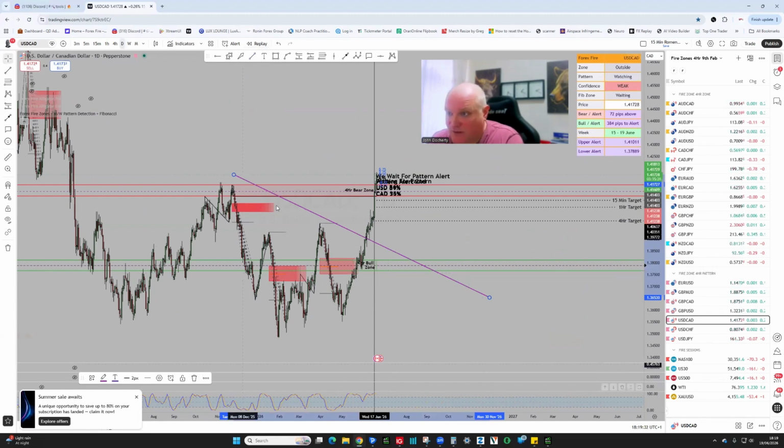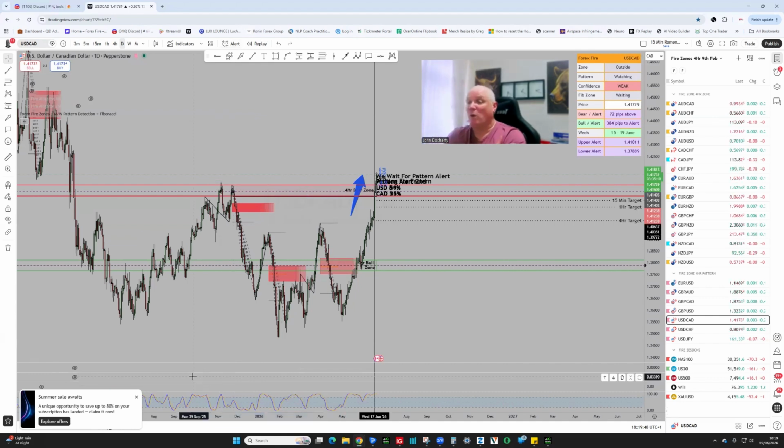The other thing is, when we break through this area, we are then breaking the buy side liquidity of that bearish order block up here on the 4-hour time frame. The 4-hour time frames hold a lot of key value.